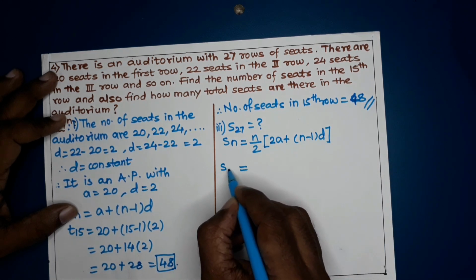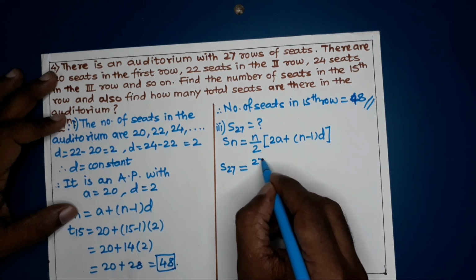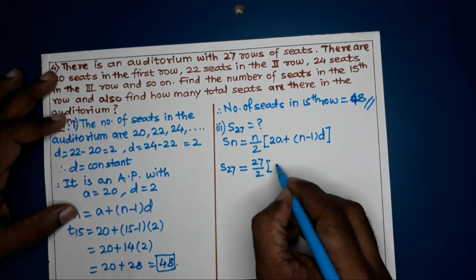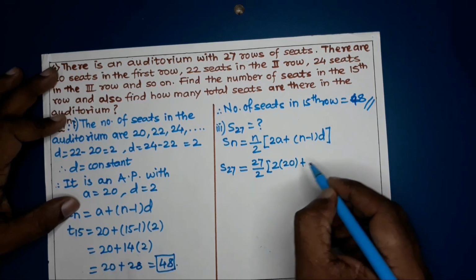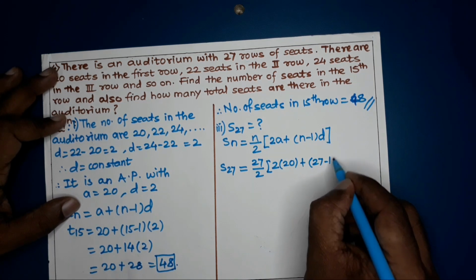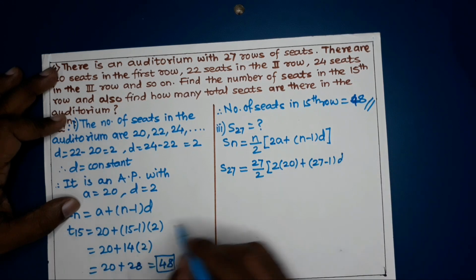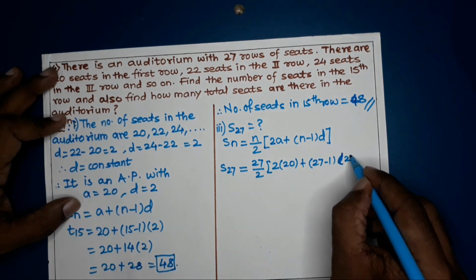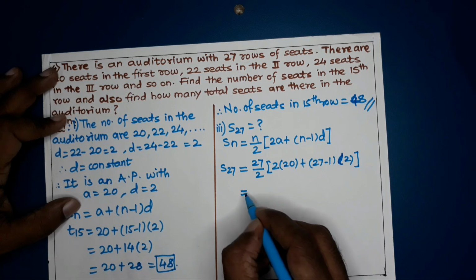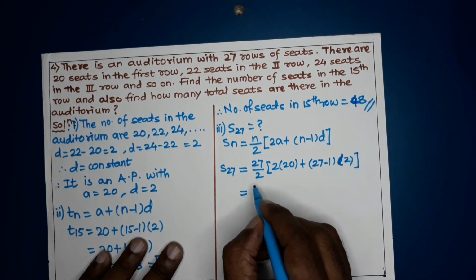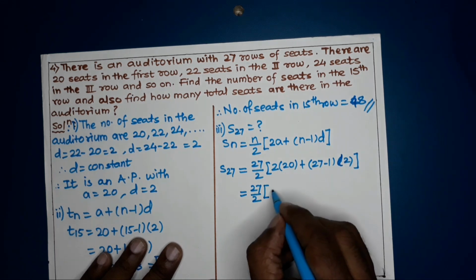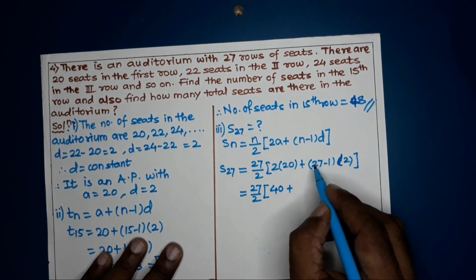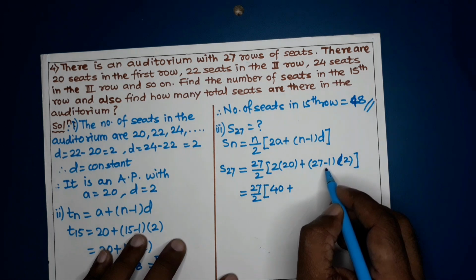So S27 is equal to 27 upon 2, in bracket 2a, which is 20, plus n is 27 minus 1 into d. The value of d is given as 2. Okay, so let's solve. 27 cannot be divided by 2, so we keep it as it is. Here we get 40 plus 27 minus 1 is 26 into 2.